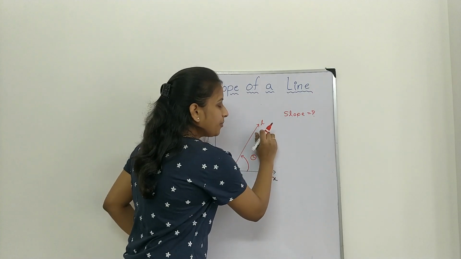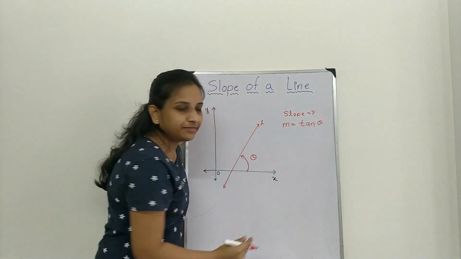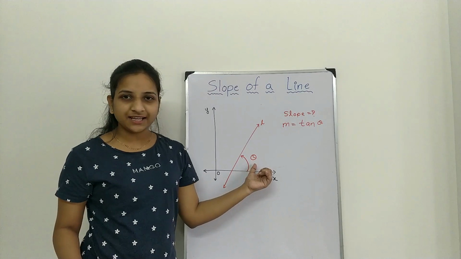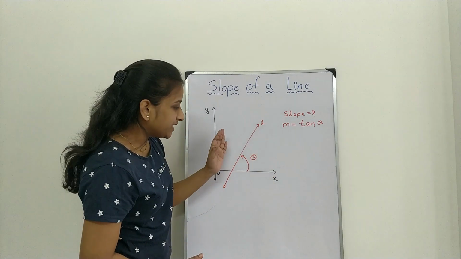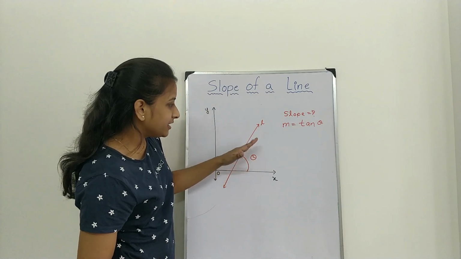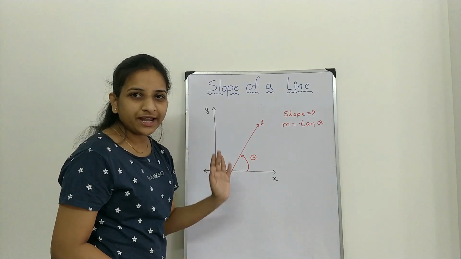So the slope of the line is nothing but tan theta. Tangent of this angle is the slope of the line. Now you can see this theta value can take values from 0 degree to 180 degree.